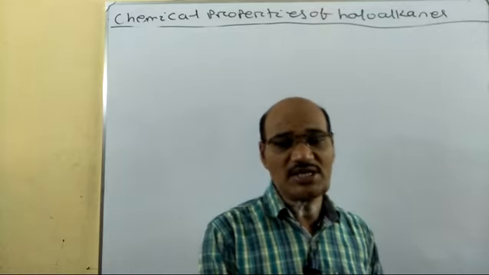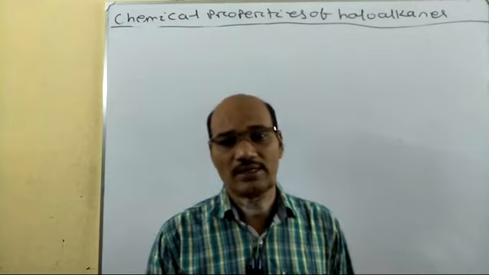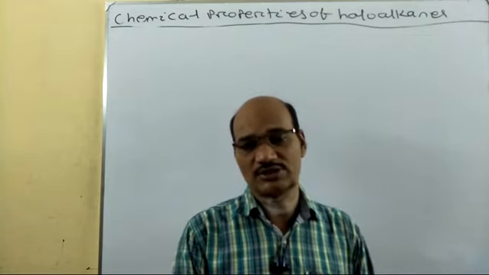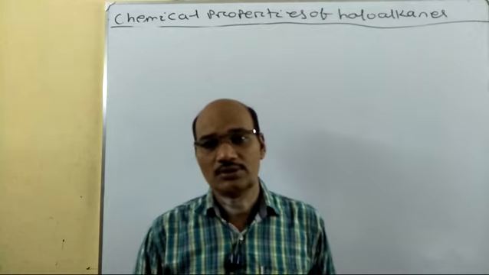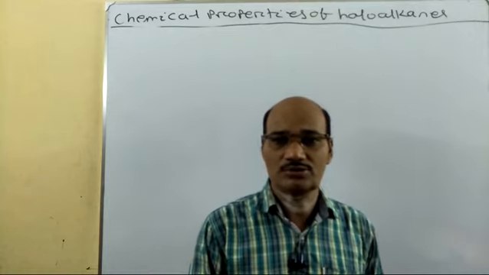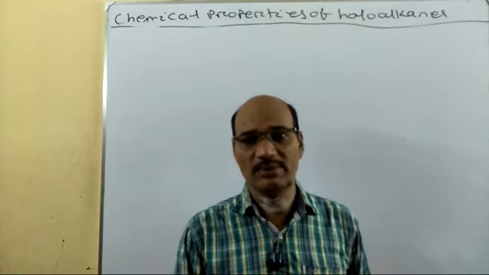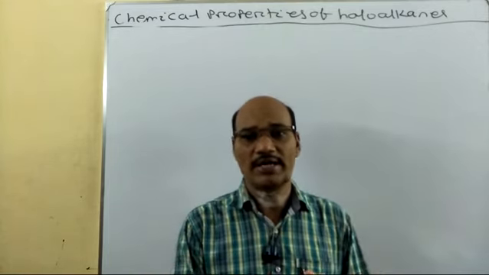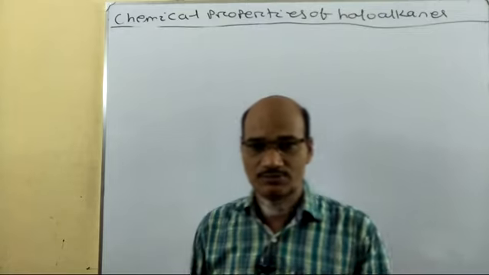As I previously told you, haloalkanes show four types of reactions. Number one, nucleophilic substitution reaction. Number two, elimination reaction. Number three, reduction reactions, and number four, reaction with active metals.